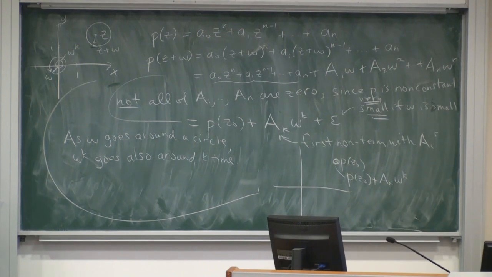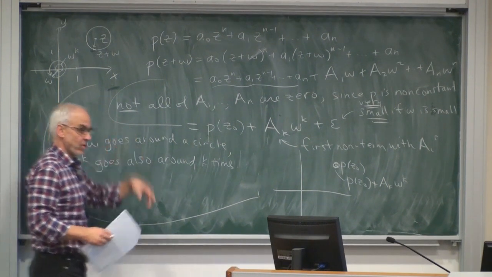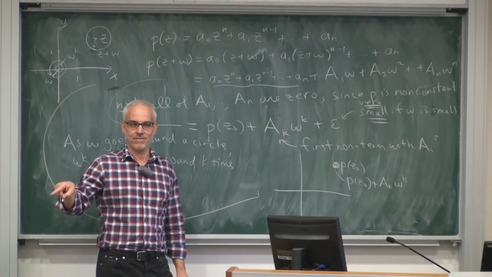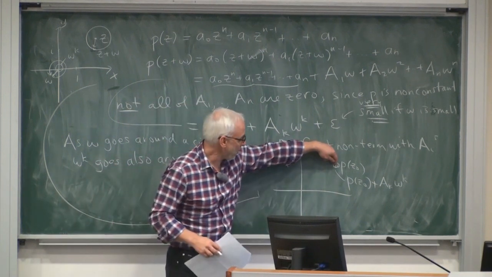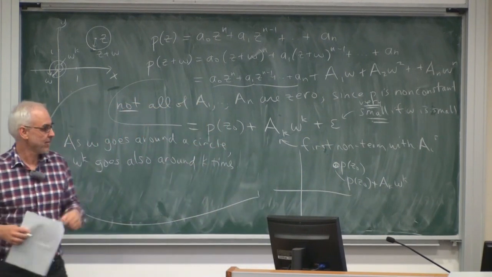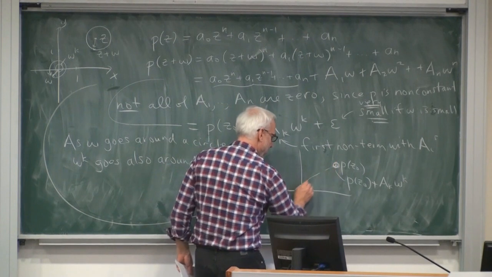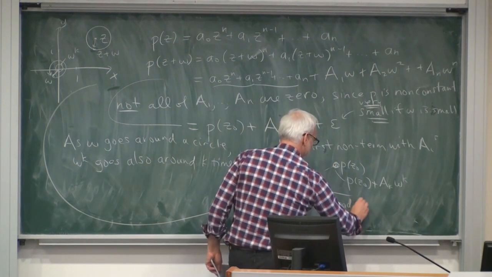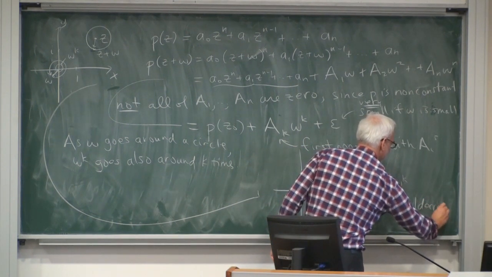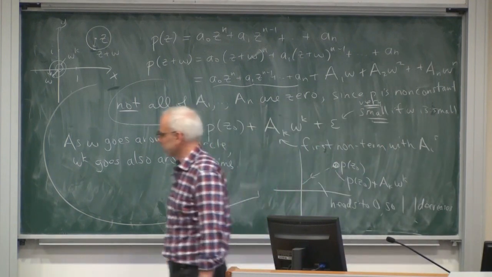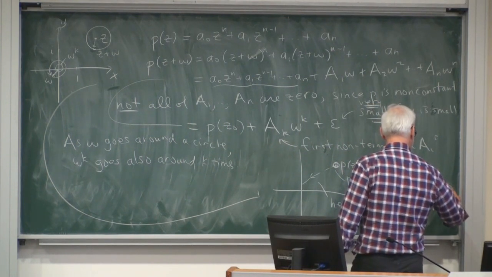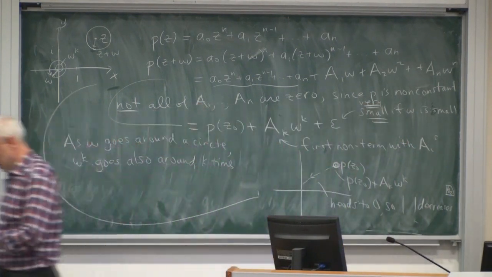And that proves his little lemma, because that means in particular there's at least one place where we're going in the direction towards the origin. There's one direction at least where we can go and the value of the polynomial is getting smaller in absolute value. So in this direction it heads to the origin, so the absolute value decreases. So that's a sketch of a proof of D'Alembert's lemma.